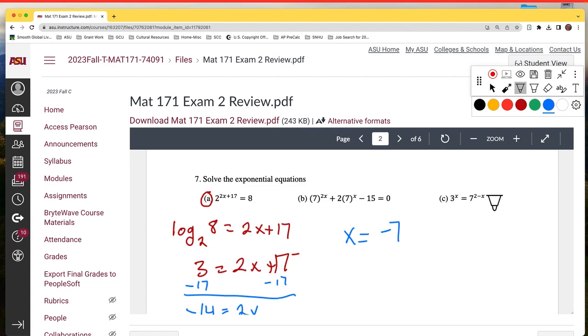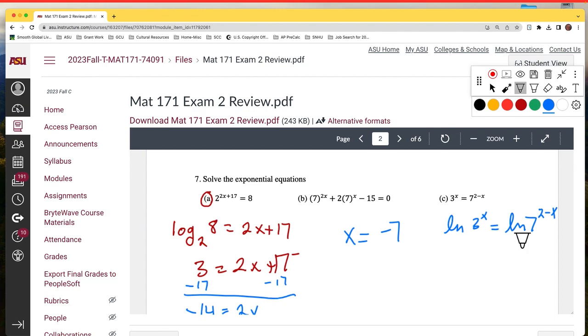This one will be a little ugly because you've got a base 3 and a base 7, so it's not going to work real nicely either way. This is one I would go ahead and use natural log on both sides. So we take the natural log of both sides: natural log of 3 to the x equals natural log of 7 to the 2 minus x.